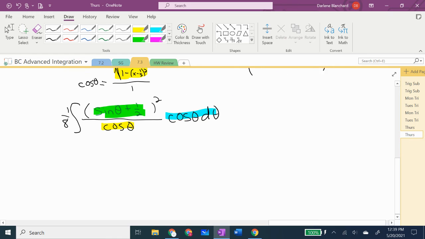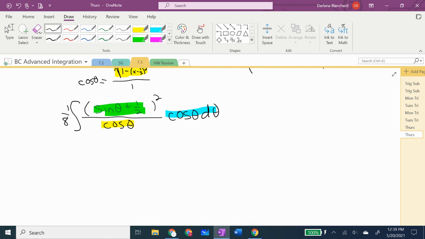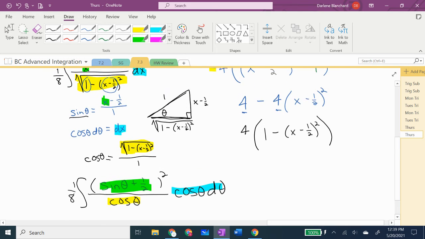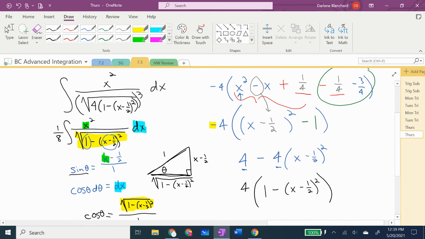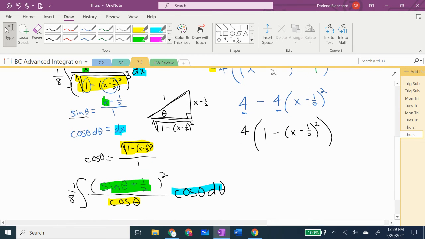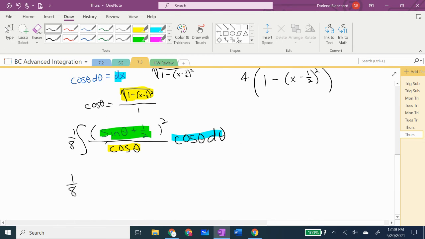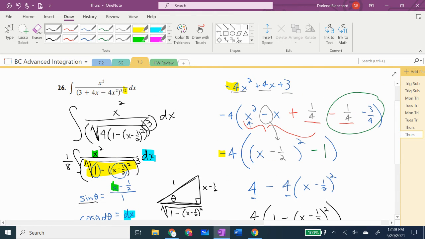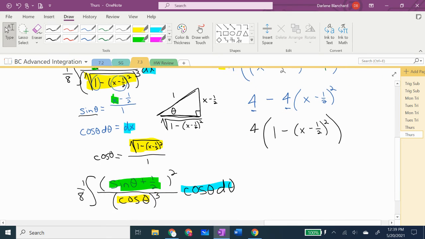Okay, now it's time for some algebra. Oh, I almost forgot something. That was cubed. I did deal properly with the 4. I did its square root and then cubed it to get the 1/8.